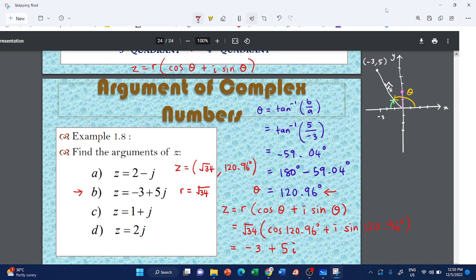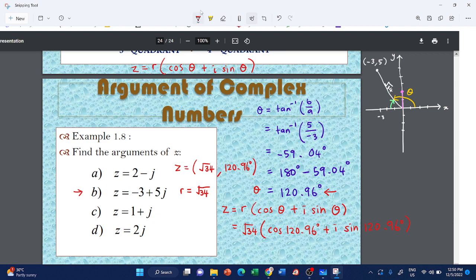Okay, so actually you get back the original Cartesian coordinate xy from the question. But the polar form is in the cos and i form. Okay, polar form. The last one is just the same.